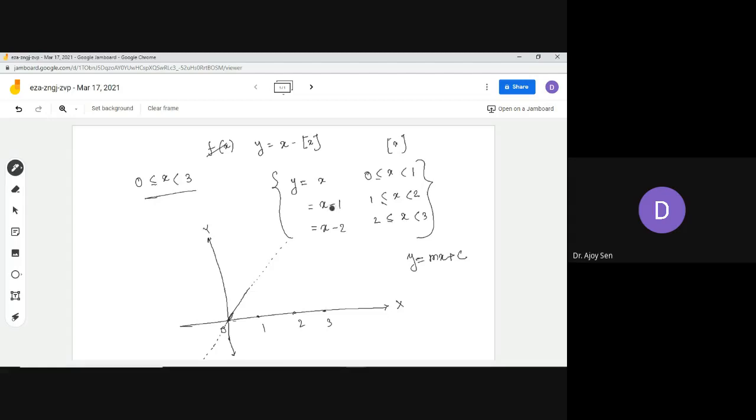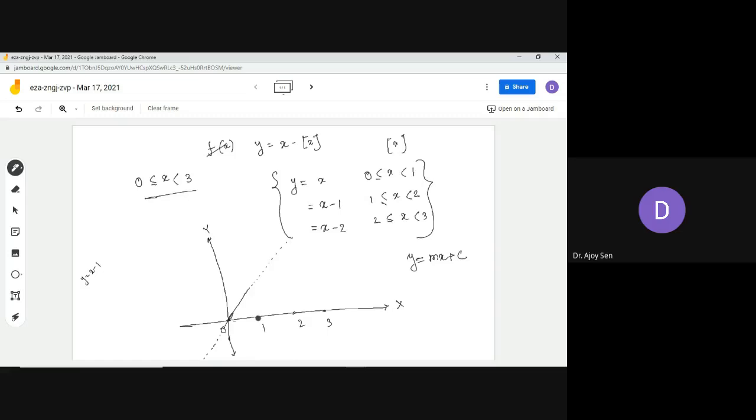This is exactly the straight line y equals to x minus 1. So how to draw the graph of y equals to x minus 1? You see, if you put the value of x to be 1, y is equal to 0. So whenever x is 1, y is 0.